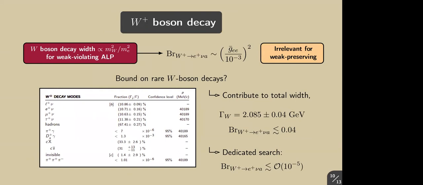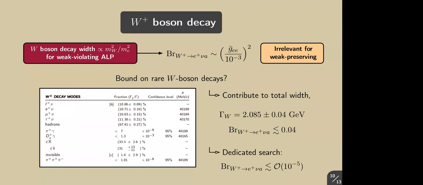Because from what I understand, you cannot take a bunch of Ws and see them decay the way you can do it with pions. You have to do it in a beam where you can only access high pT events. So there will be a bias towards the two-particle decay. So is it justified to just take the decay width from the PDG and put a limit on the decay?